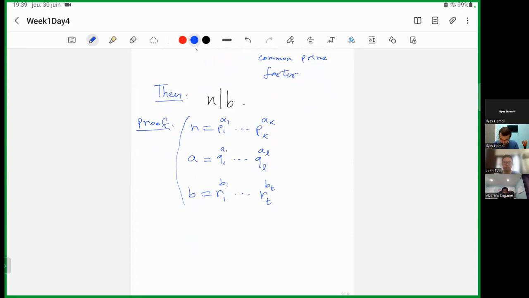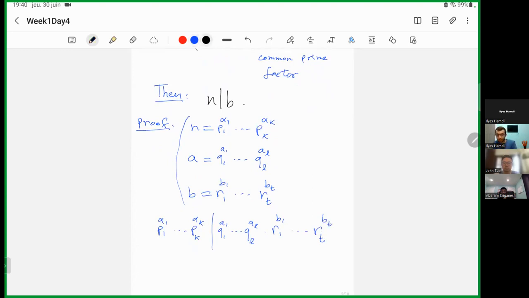Now I know that n divides a times b. I'm just going to rewrite it. I think when we see the prime factors written, we directly understand why this is correct.